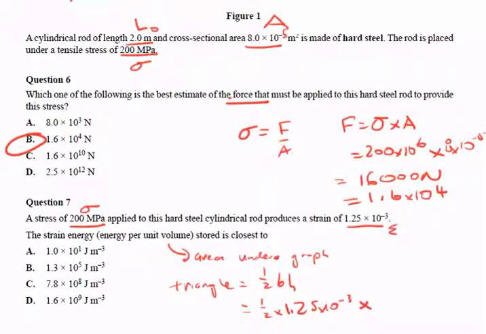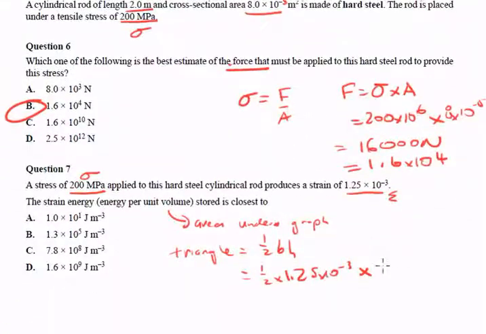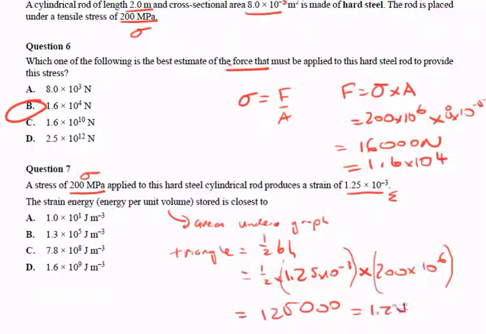And the height is 200 megapascals, 200 by 10 to the 6. And when you calculate that, you get 125,000, which equals 1.25 by 10 to the 5, which is the closest answer, 1.3 by 10 to the 5. There we go.